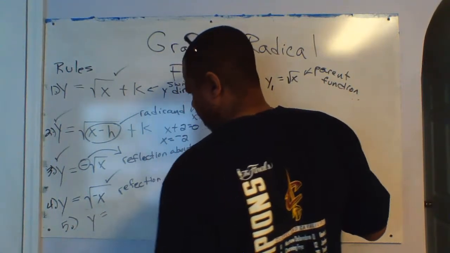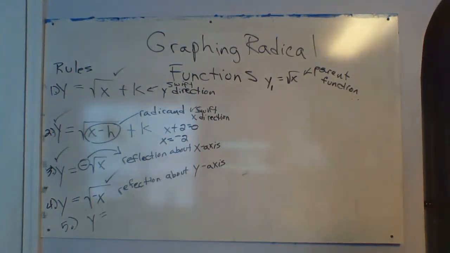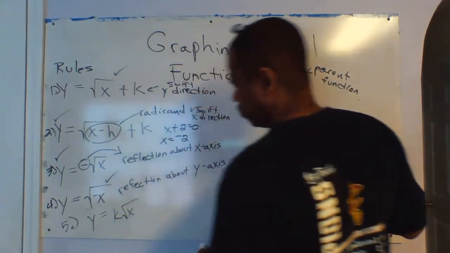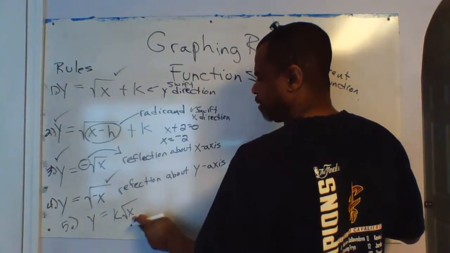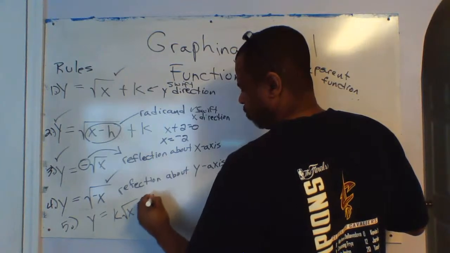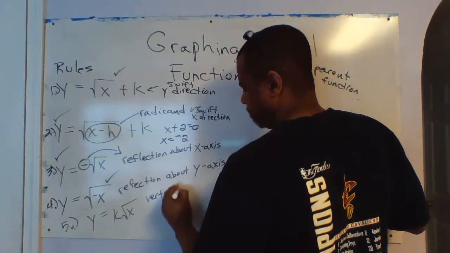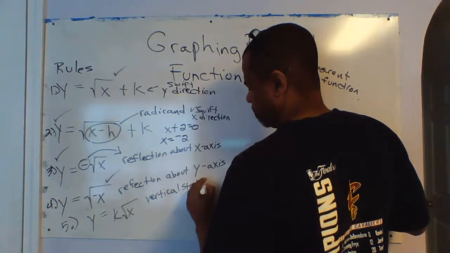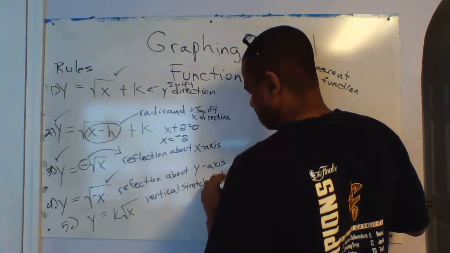That means if we have a number outside of our radical, that's going to be your vertical stretch or shrink.